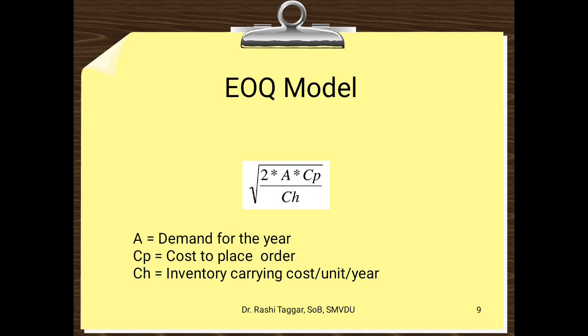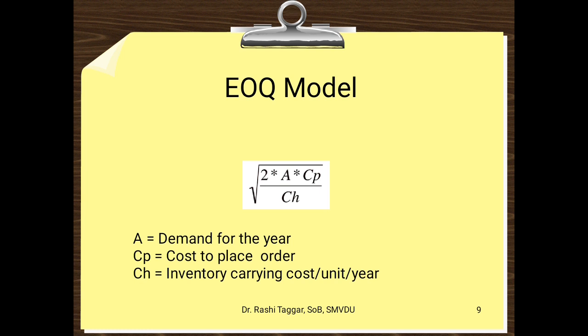And this EOQ, or the optimum quantity of inventory, is equal to the under root of 2 into demand for the year, annual demand, into cost to place order, that is the ordering cost, divided by inventory carrying cost per unit per year.